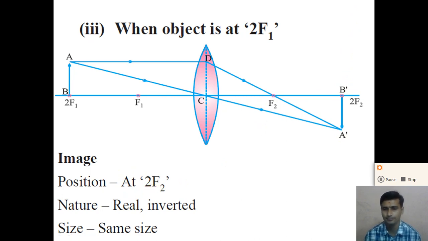When the object is placed at the first center of curvature, the image will be formed at the second center of curvature.